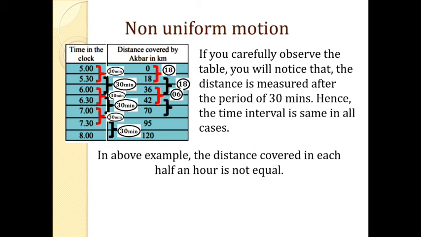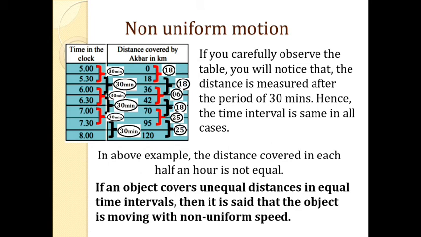In the next time interval, he has covered 18. Further, he has covered 25 kilometers. And in the last time interval also, he has covered 25 kilometers. If you observe carefully, you may notice that the distance covered in each time interval is not equal.